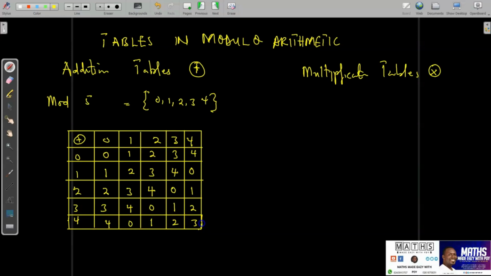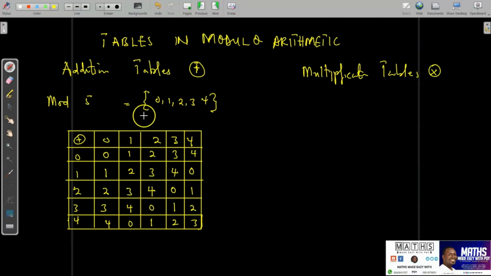In this kind of operation, you realize that all the answers we are obtaining are exactly the same entries for mode 5. Hence, we say that the set is closed, because we are not getting any other entry apart from the entries you are having in mode 5.